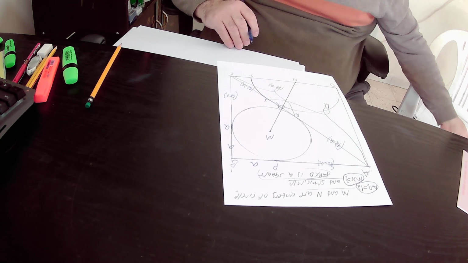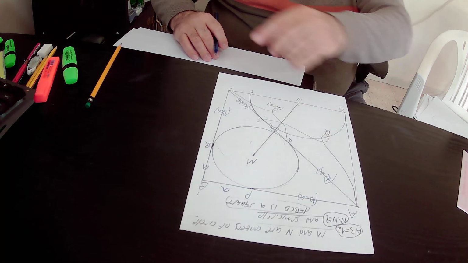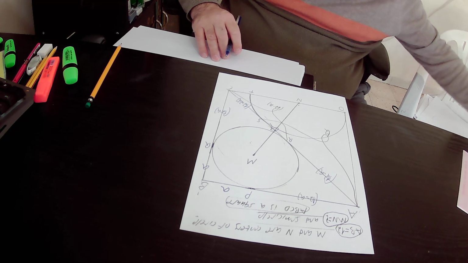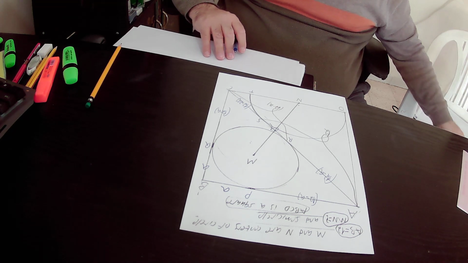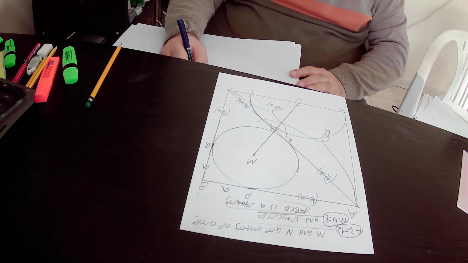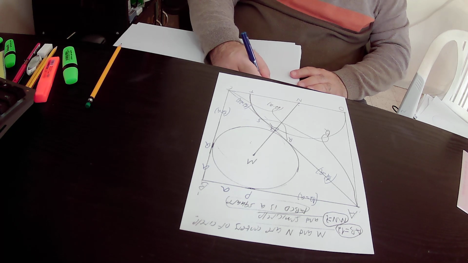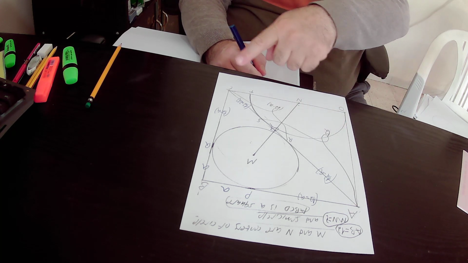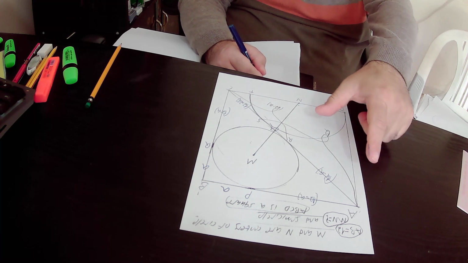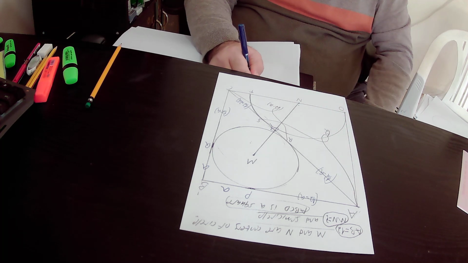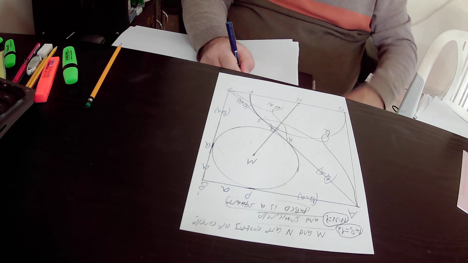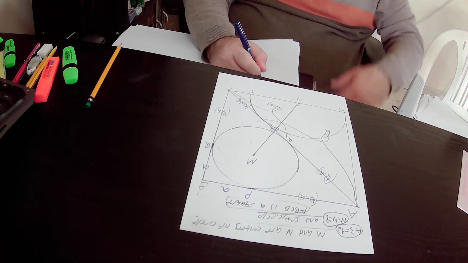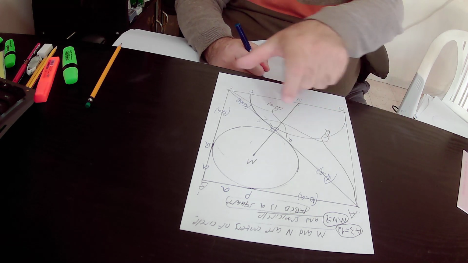And what is the length of diagonal AC? It is very easy to see that the length of diagonal AC is equal to AR plus RC. So AC equals AR plus RC.